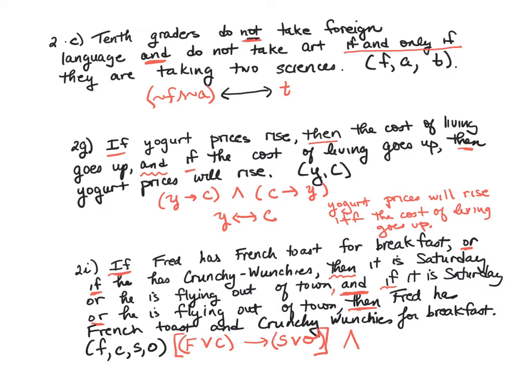And if it is Saturday, or he's flying out of town. Wait, am I doing this right? Or if he said, or he's flying out of town, then Fred has French toast and crunchy munchies.